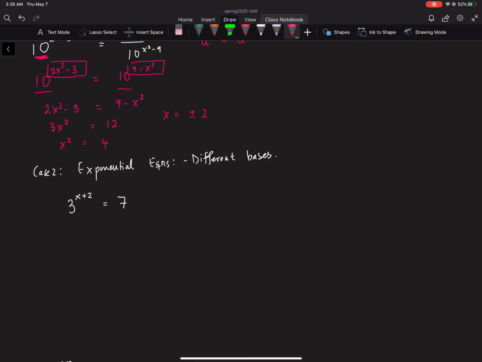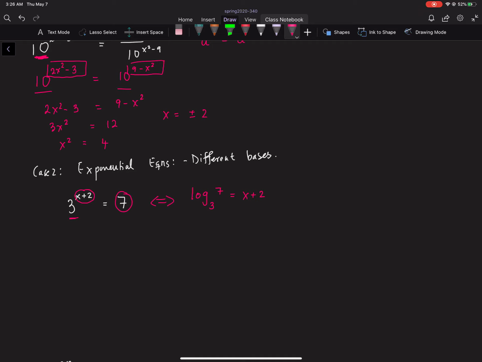And so to do that, recognize that 3 is the base. x plus 2 is the power. And then 7 is the argument. So if you switch it, that is going to become log base 3 of 7, and that's equal to x plus 2.